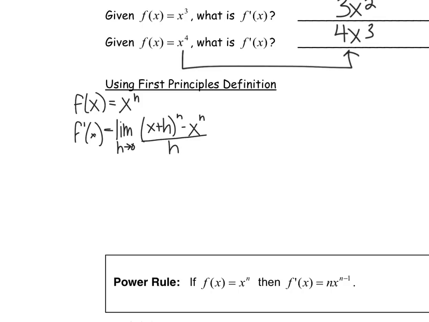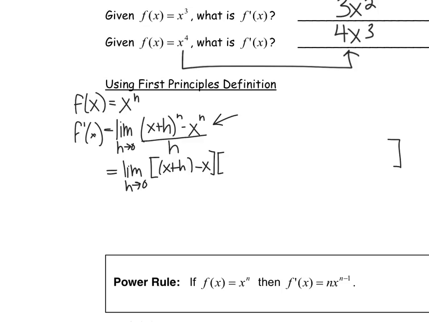I want you to think about this numerator as a difference of squares or a difference of cubes that we're going to factor. When I factor that numerator, I am going to divide out the x plus h minus x part, and then we have that big piece left over. If we had a difference of squares, we would have the sum of the square roots of both.